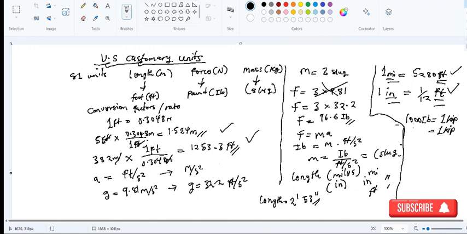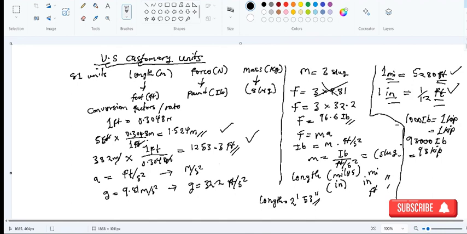So 1,000 pounds is equal to 1 kip. We can take some examples. For example, we want to convert 93,000 pounds. This is simply going to be 93 kip. So this is kilo pound and this is just a pound. So it's very simple to convert.